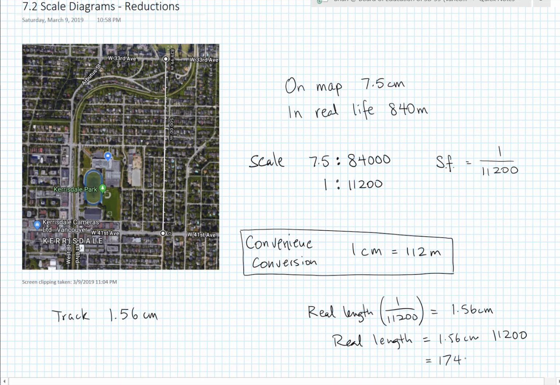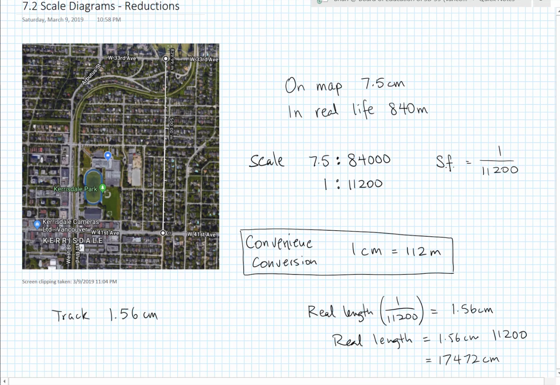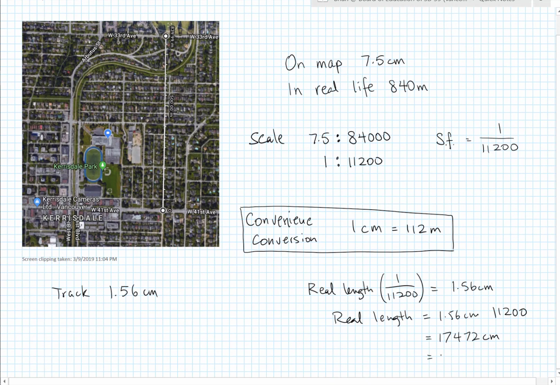Initially it's going to be in centimeters, so it's going to be 17,472 centimeters. And if I convert that into meters, I get 174.72 meters, about 175 meters. And using the tool on Google Maps, it certainly looks like it's roughly around 175 meters. So that gives you a pretty nice estimate.